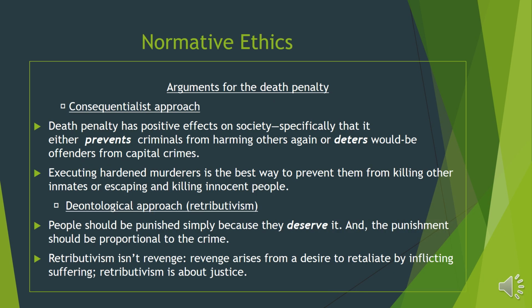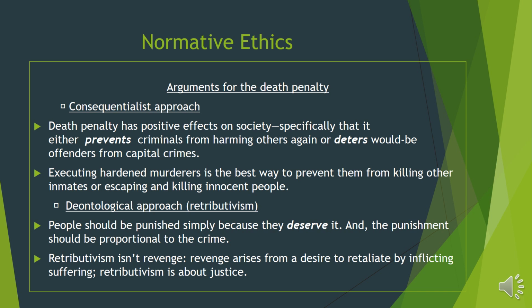Now, if we think of it in a more normative ethical approach, the arguments for, well, we can think of consequential arguments that once again talk about deterrence. Executing hardened murderers takes away any risk of future consequences.